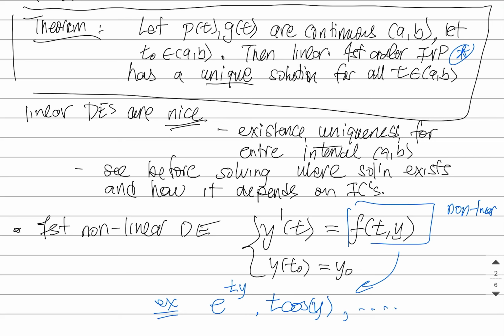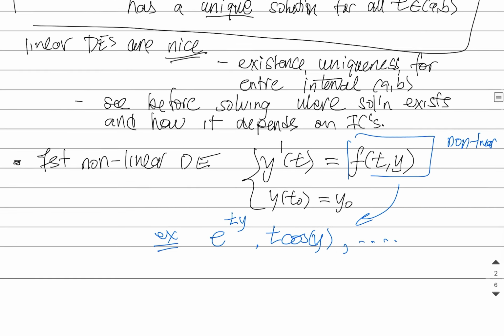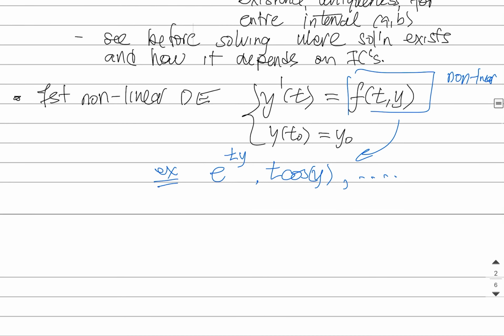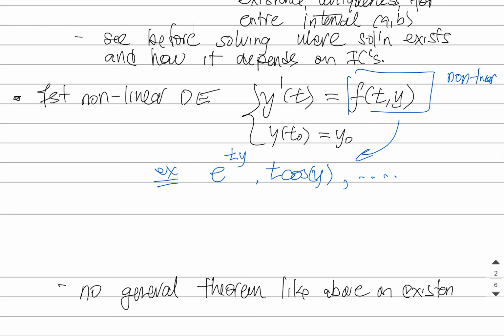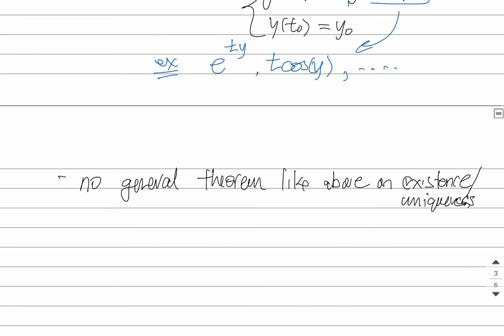It could be anything. And because of this, there is no general theorem like we have above on existence or on uniqueness, and probably more in line with what you're thinking, there is no general solution formula.